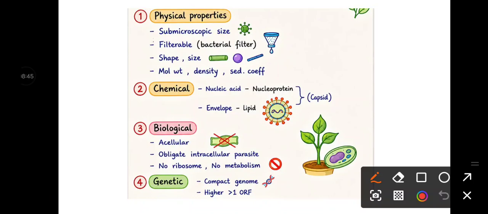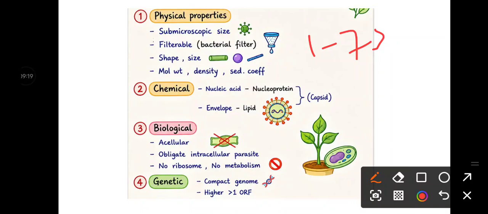Then shape: some viruses are spherical, some viruses are rod shape, some viruses are bacilliform shape. Then the molecular weight ranges from 1 to 73 into 10 to the power 6 dalton. Then density ranges from 1.3 to 1.5 gram per centimeter cube, and sedimentation coefficient ranges from 110 to 1000 S.